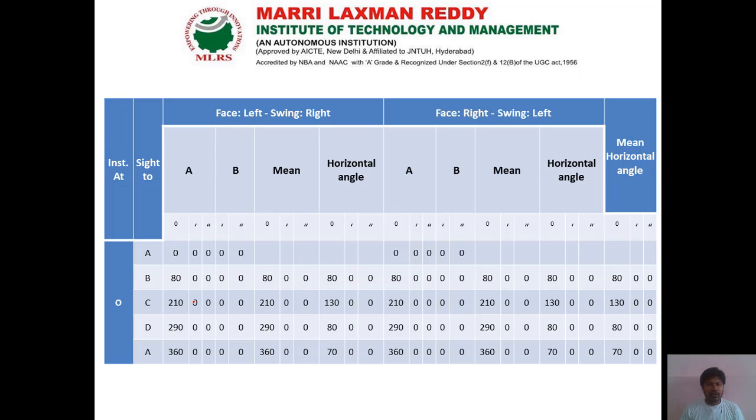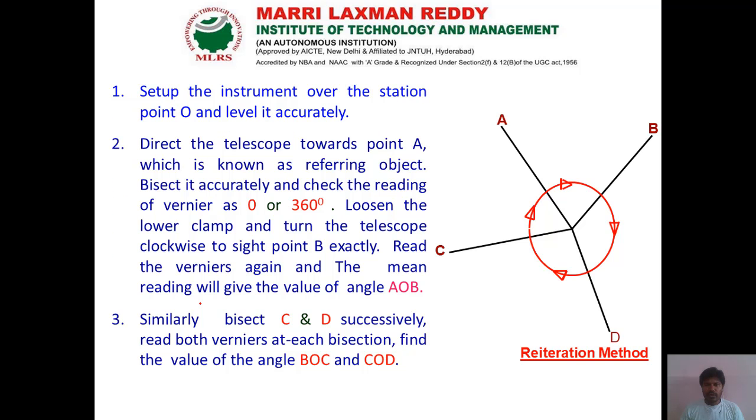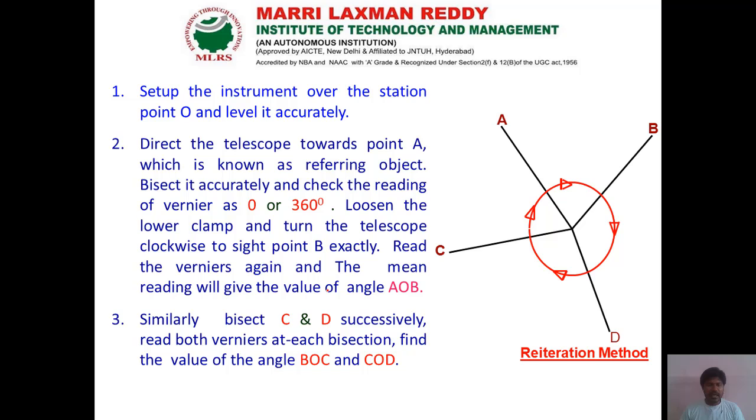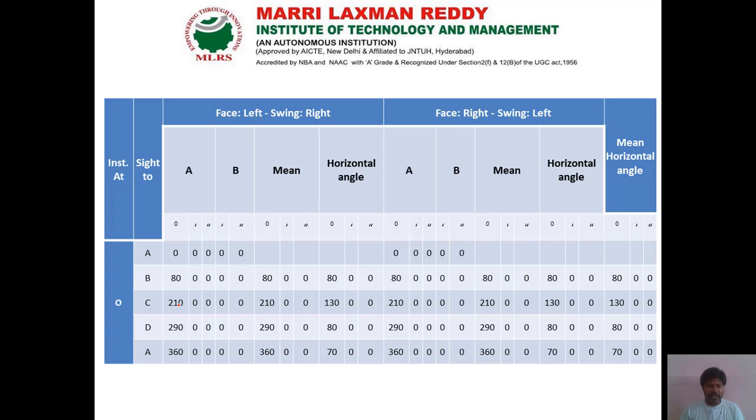Next, I focus the point C, so my reading is 210 degree, 0 minutes, 00 seconds. I enter that in the vernier A and vernier B scale readings, so the mean angle, by taking the average between vernier A and B, is 210 degree, 0 minutes, 00 seconds.